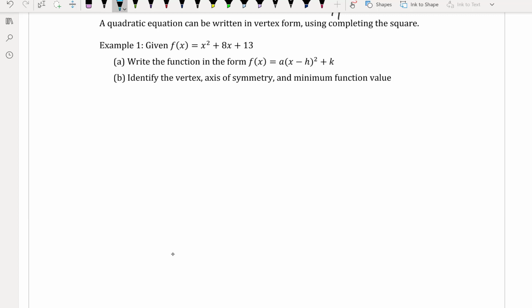Okay, so I have that y is equal to x squared plus 8x plus 13. So my b value is 8. My b divided by 2, so 8 divided by 2 is 4. And if I were to square that value, 4 squared is a positive 16.